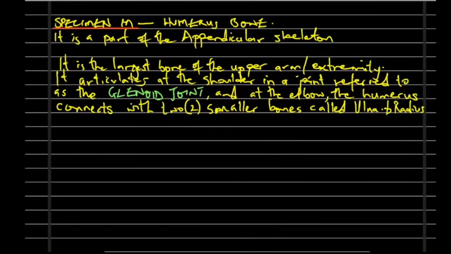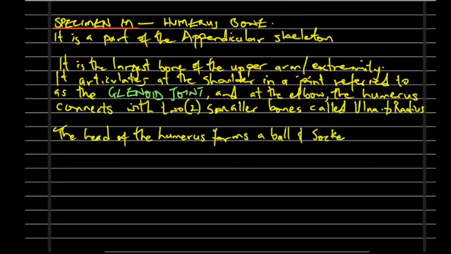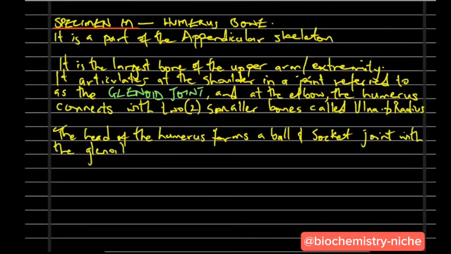Now, the head of the humerus forms a ball and socket joint with the glenoid cavity on the scapula, and this brings about movement in all directions.